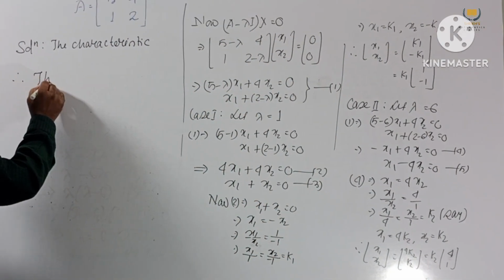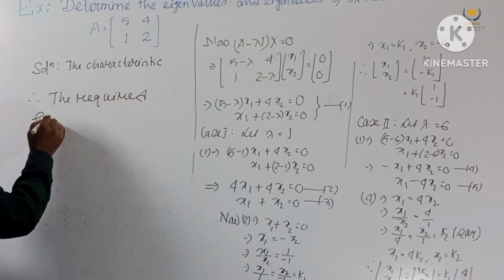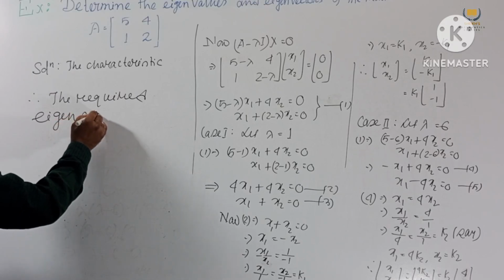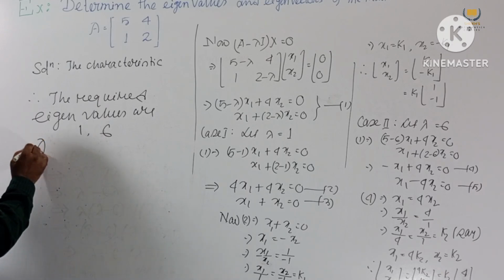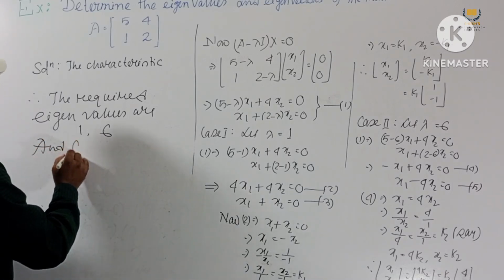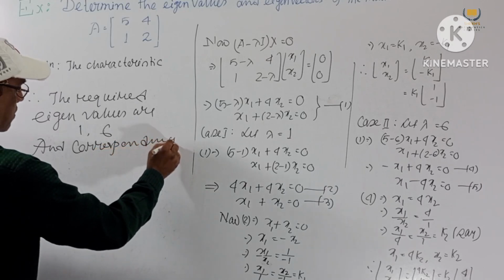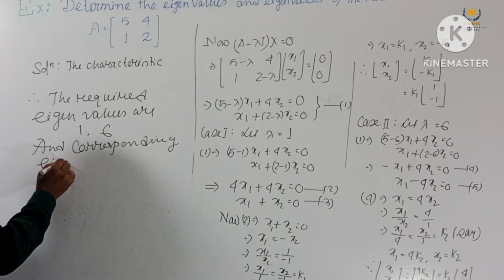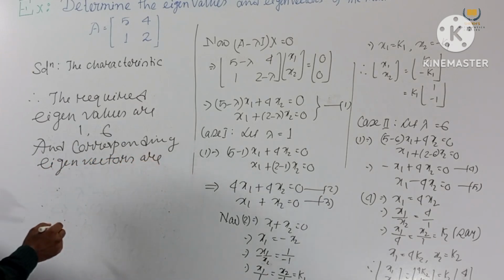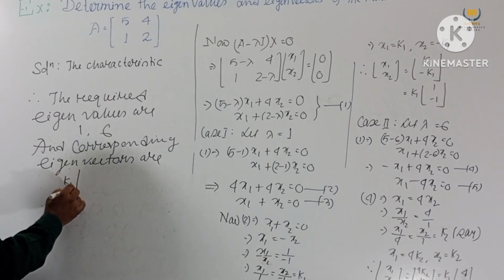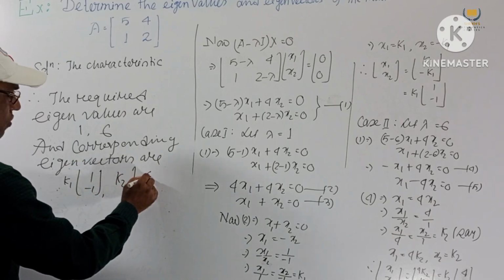Therefore the required eigenvalues are 1, 6 and corresponding eigenvectors are k1 (1, -1) and k2 (4, 1).